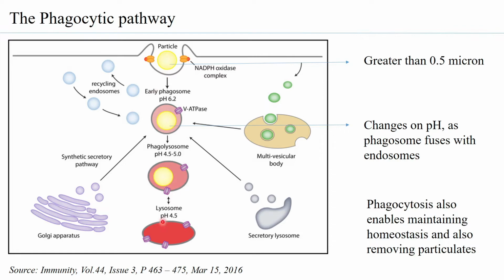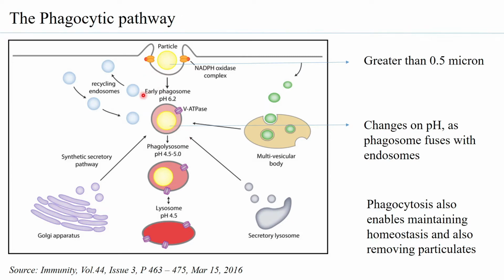So this is how phagocytosis happens, which is similar to endocytosis as a process, and also pinocytosis. Pinocytosis is effectively the taking up of liquid or semi-liquid matter, and endocytosis is mainly for solid particulate matter.